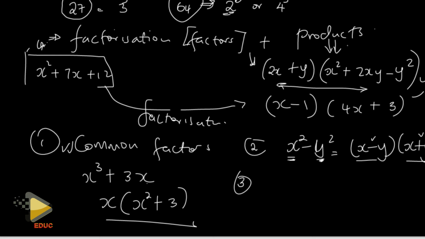Then number 3, we have what we call the grouping. Let me say we have this, and then, is it going to make sense? Let me call this 4xy and then 6y.